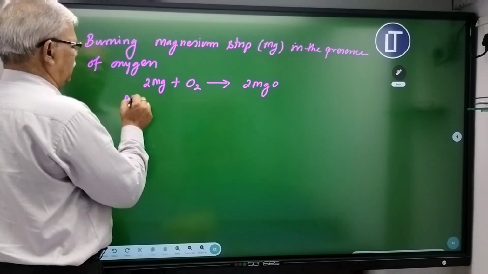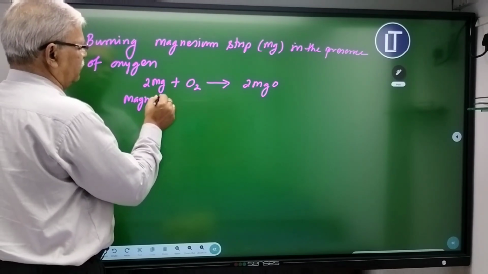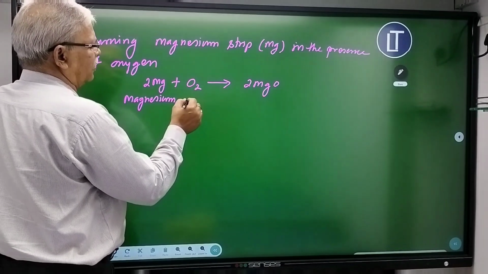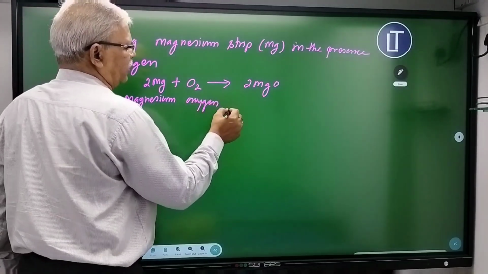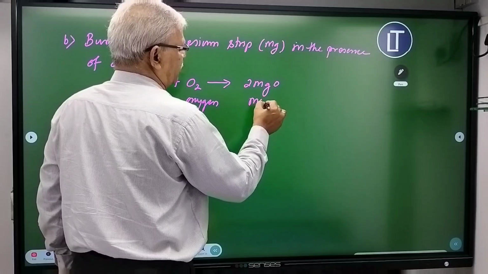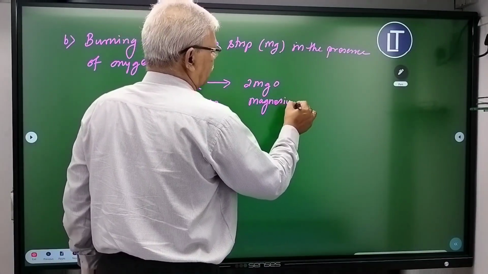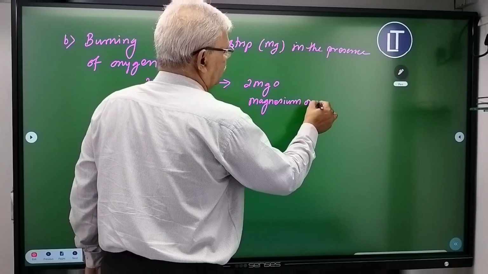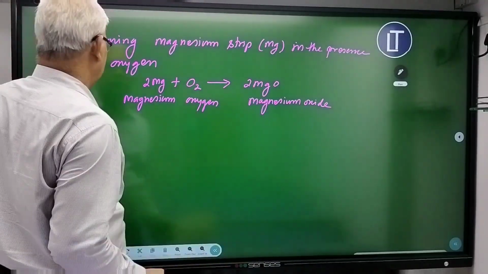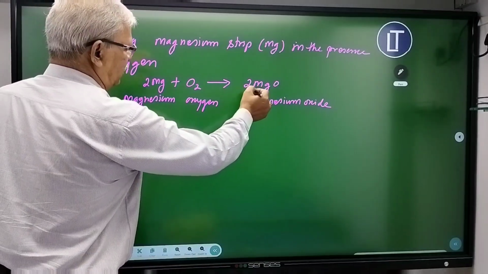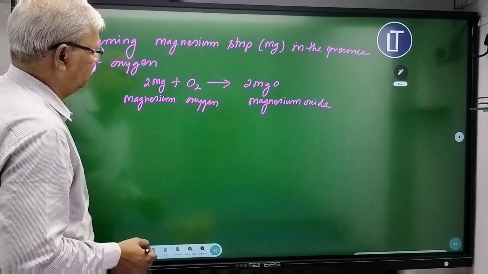This is magnesium plus oxygen forming magnesium oxide. Okay, from two reactants, here we are getting one product.